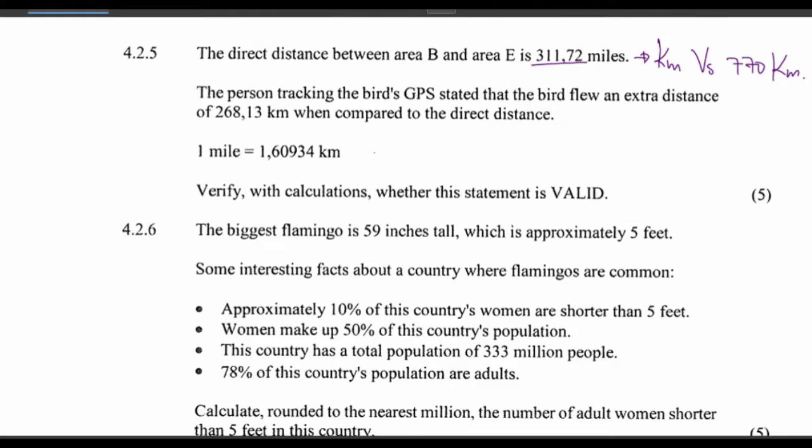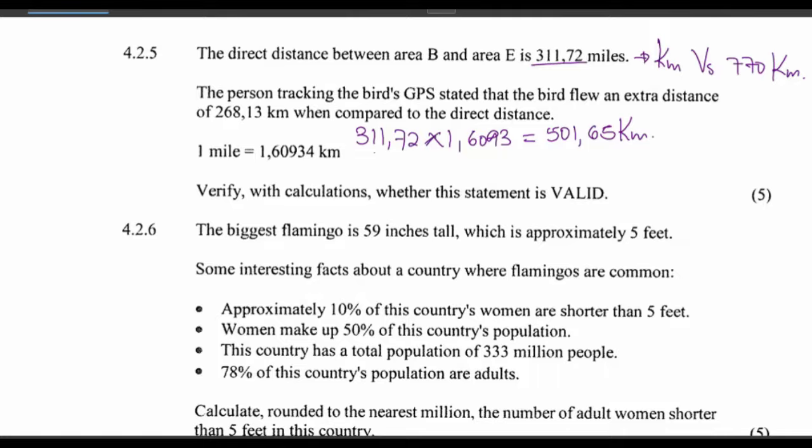They already told us 1 mile equals 1.60934 kilometers. So we change this 311.72. We multiply it by 1.6093. The answer we get here is about 501.6, which is what?